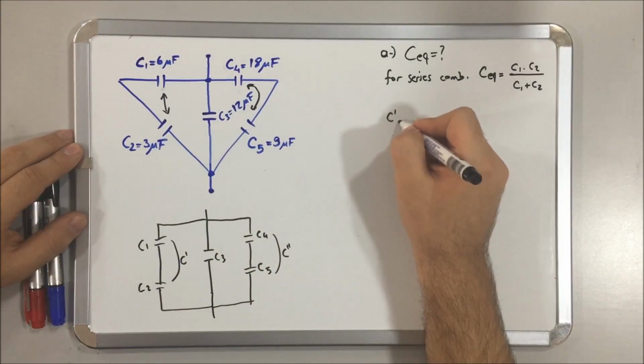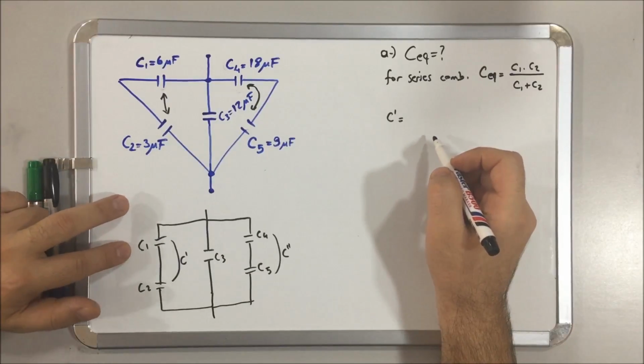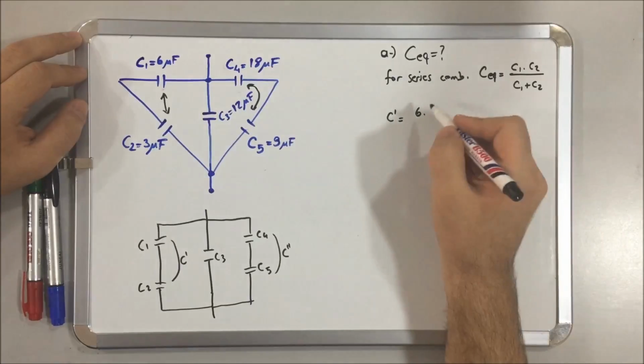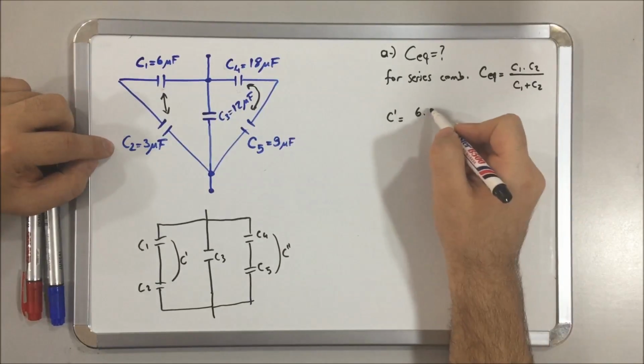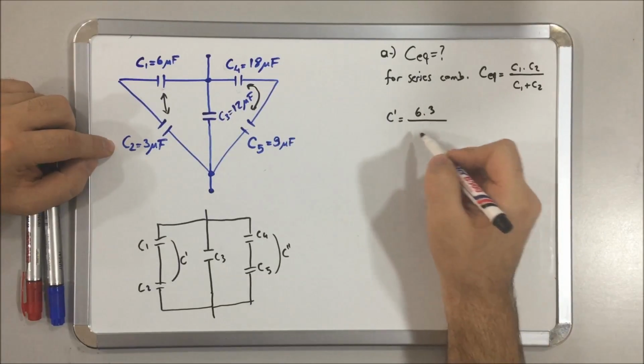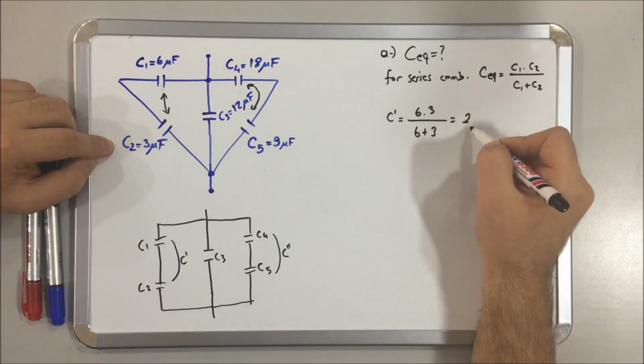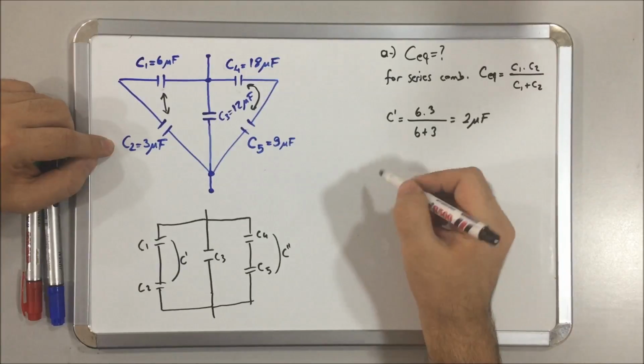First of all, C prime is equal to C1, 6, times C2, 3, over 6 plus 3, 18 over 9, it will be 2, of course, microfarad.